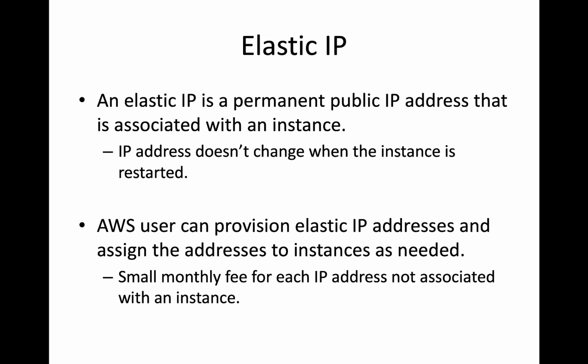If that's the case, then AWS will charge you a small monthly fee for every elastic IP address that is not allocated to an instance. The bottom line is that if you have provisioned elastic IP addresses, you want to make sure you're actually using them and you're associating them with running EC2 instances. Otherwise, you're going to incur a small monthly fee.